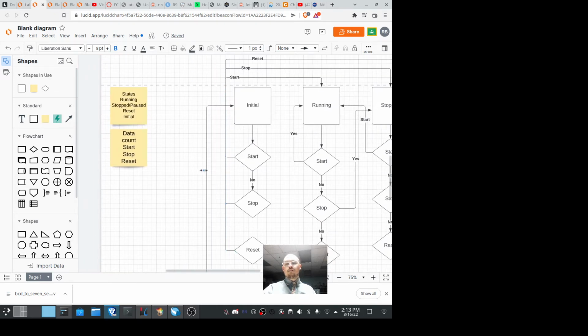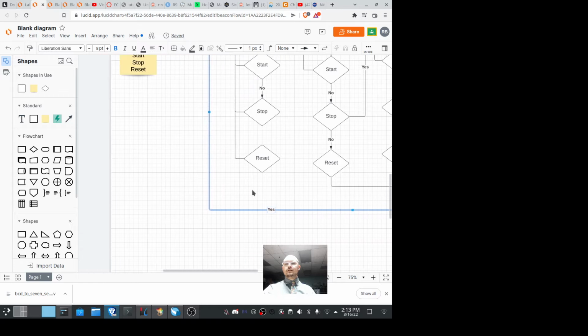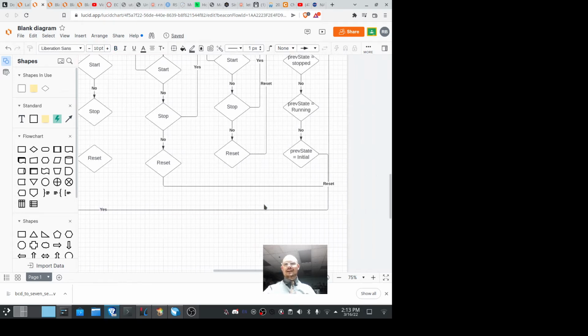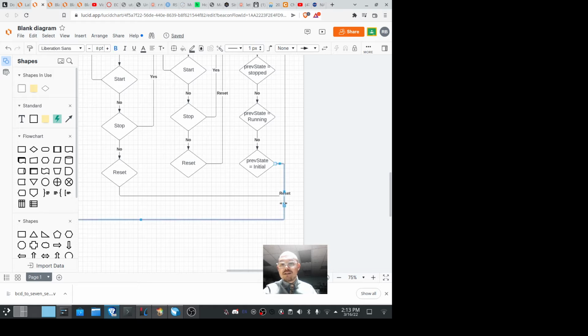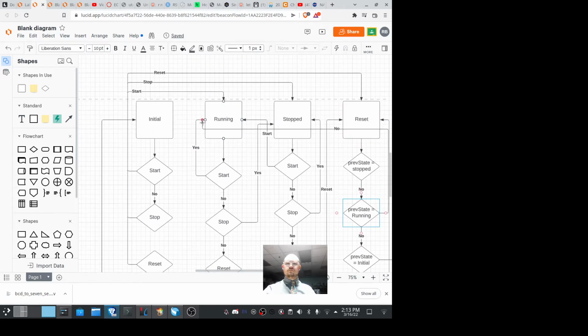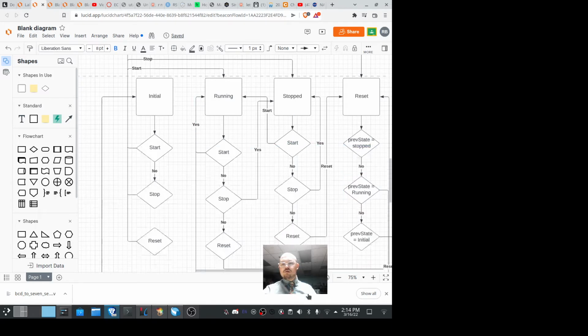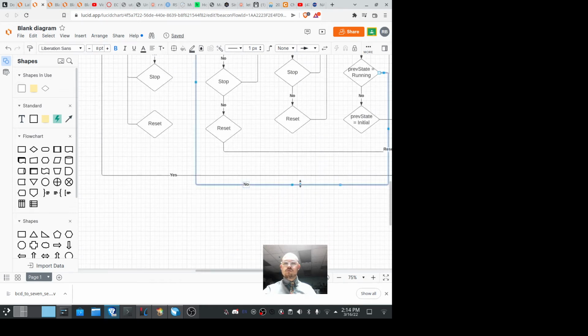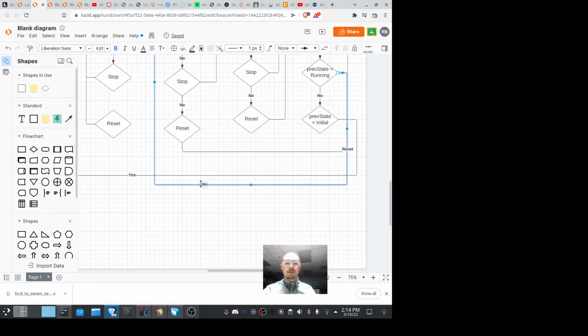Pull it off of that line. So this is reset or from reset. I don't know. Let's say yes. Leave it. What do I make that line? I don't know. Let's leave it as it is, I guess. If prev state is equal to running, then of course we go back to running. Should be a yes.